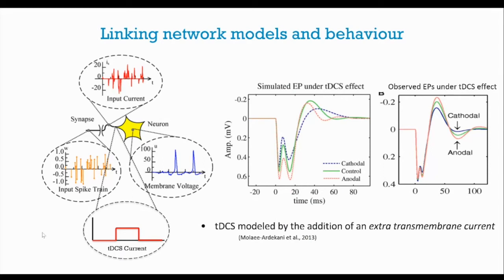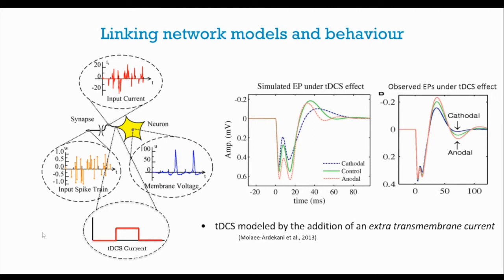This is another example by Molaee-Ardekani and Fabrice Wendling and others, who took, again, a quite sophisticated model of the circuitry of the sensory cortex and essentially simulated the effect of tDCS in this network.